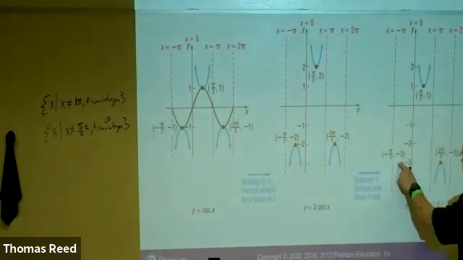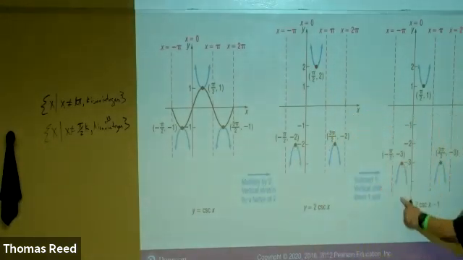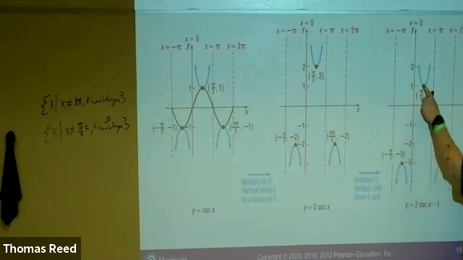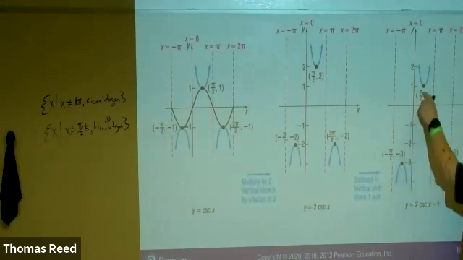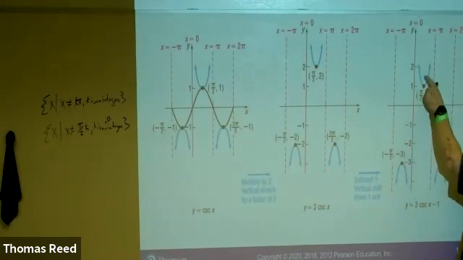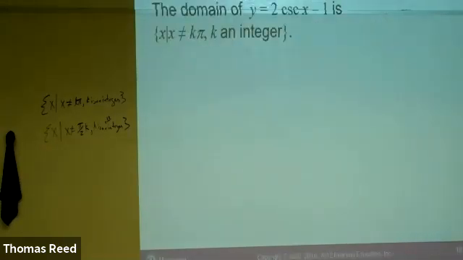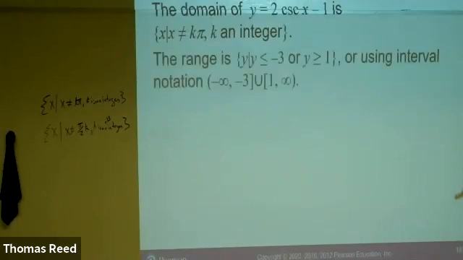So now the -3 is the highest on this end, and 1 is the lowest on this end. So it's from -infinity to -3, including -3, and it's from 1 to infinity, including 1. And that's what they're saying here.